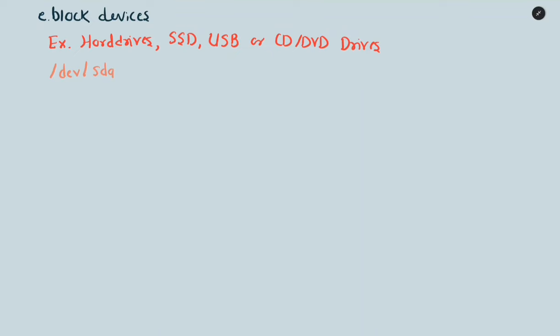This is, suppose, your main hard drive. /dev/sda1, I'm just giving examples, /dev/sda2. So what are sda1 and sda2? These are the partitions of this hard drive. Or /dev/sdb. What is this? This can be a secondary hard drive or USB drive. Or /dev/cdrom.